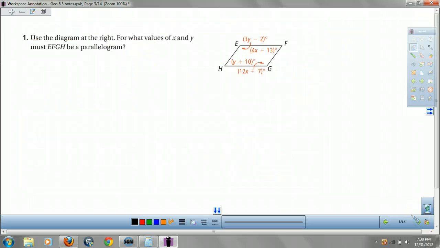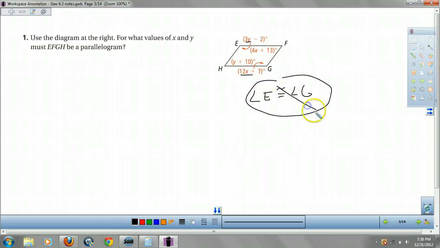Okay. For what values of x and y can EFGH be a parallelogram? Two ways to go. We know angle E is congruent to angle G, right? That's y and that's x. So we are not going to use that fact. But we know the measure of angle E plus the measure of angle H equals 180, because these add up to 180.